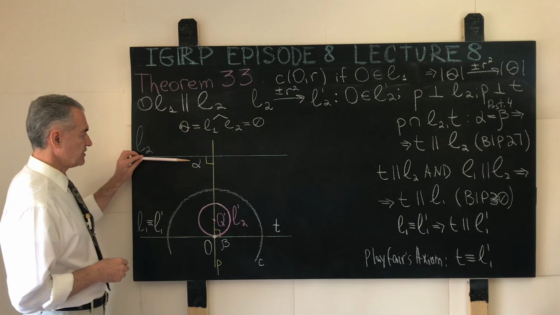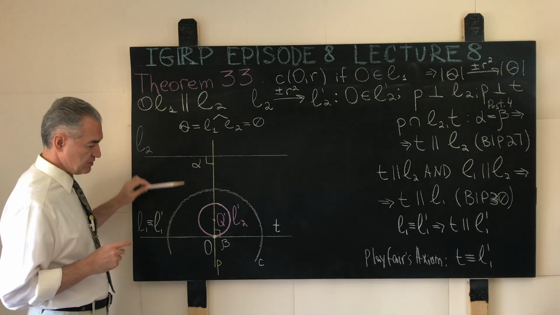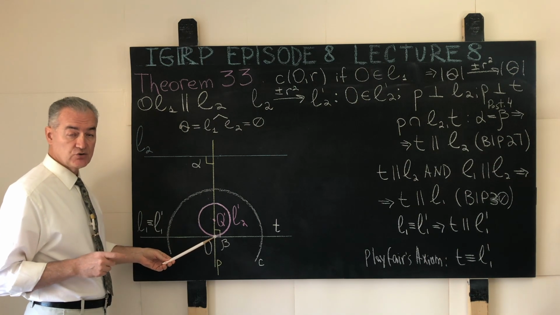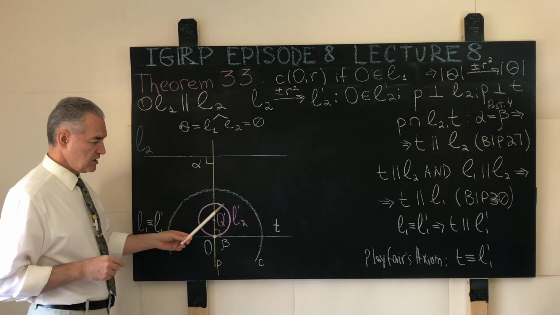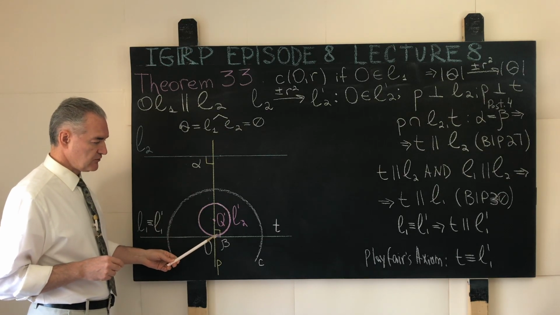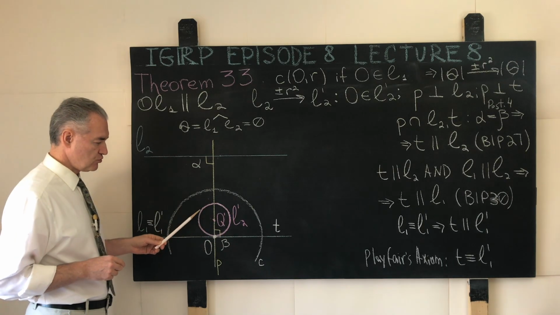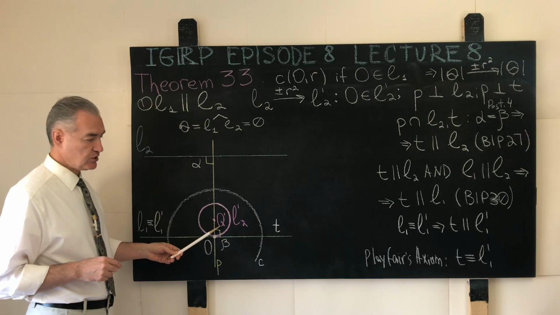Any straight line, such as a simple straight line L2 that does not pass through the center of inversion O, is taken into a circle that does pass through the center of inversion O. I refer to this circle as L prime 2. That circle is shown in red, and it has the center at the point Q prime.